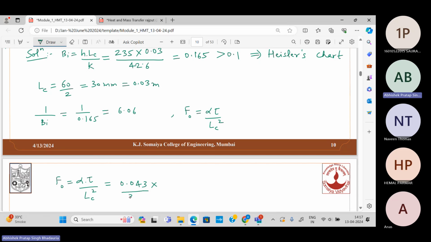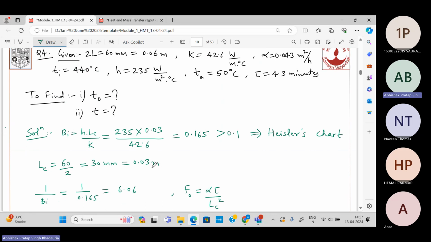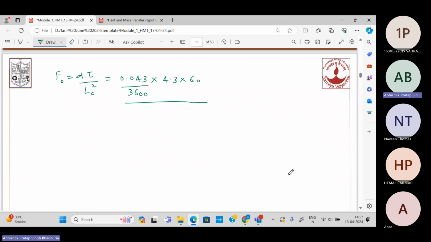The alpha is in meter square per hour, so we'll convert the hour into seconds: 3600 seconds, multiplied by 4.3 minutes. We have to convert the minutes into seconds, so multiplied by 60. Now divided by Lc square. Lc is 0.03 meters, which we have already calculated.